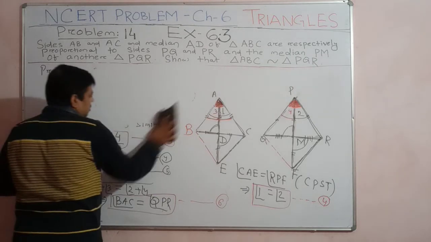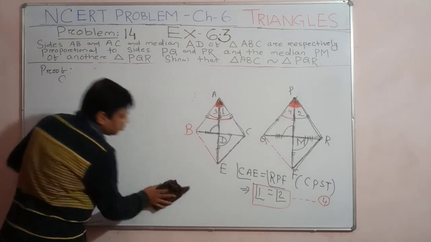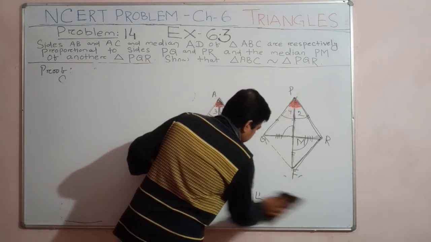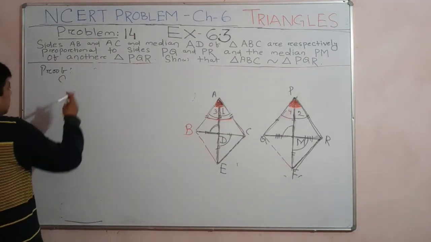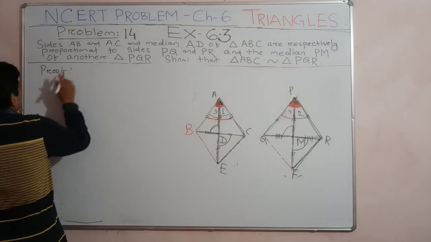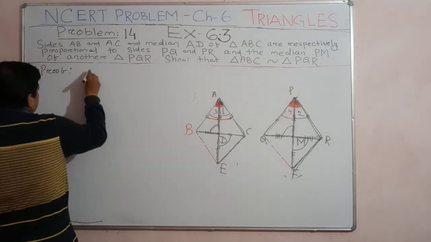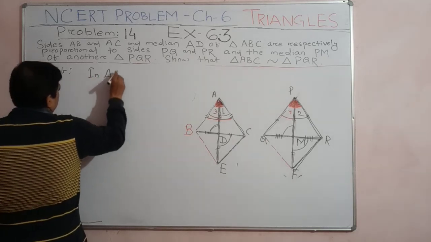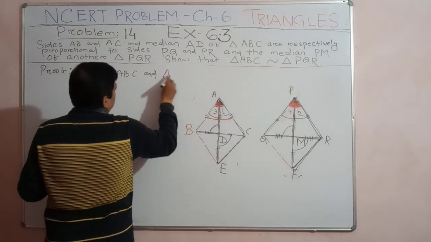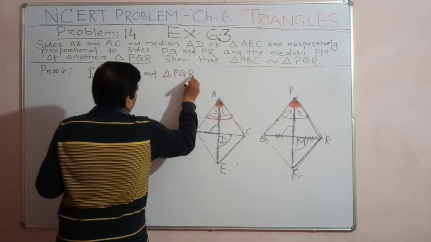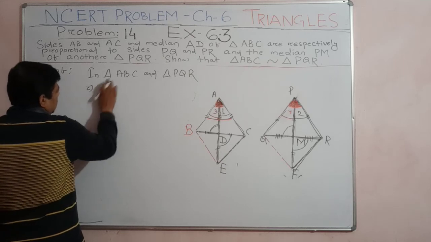Let's see. Now you already got it. In triangle ABC and triangle PQR, first you see, look at here, what are you finding?